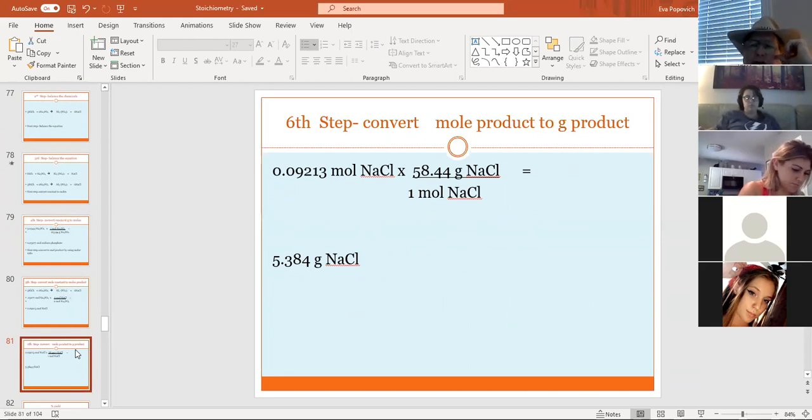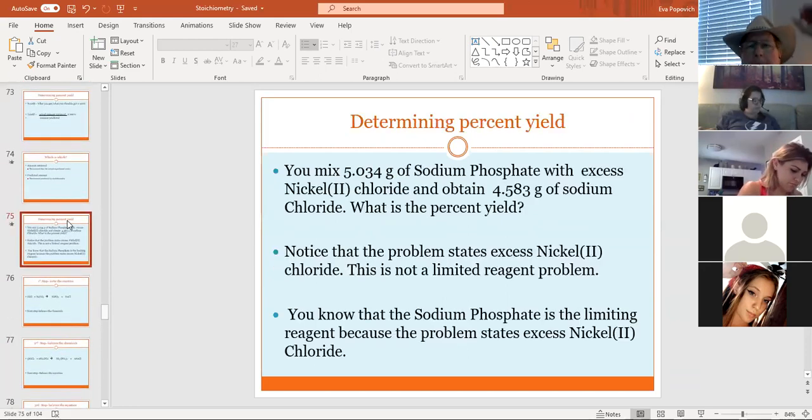This is what I should get. Looking back at the original problem, how much did I get back? 4.583. So that's how much I did get back.